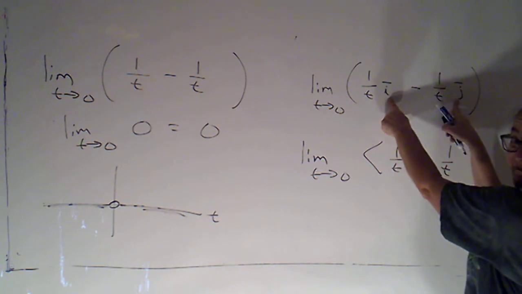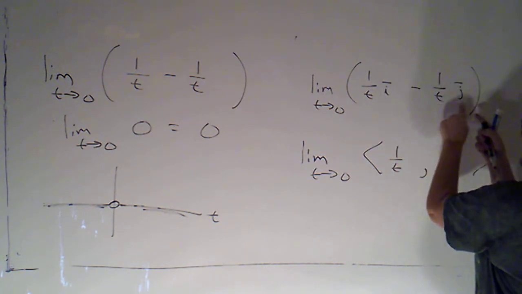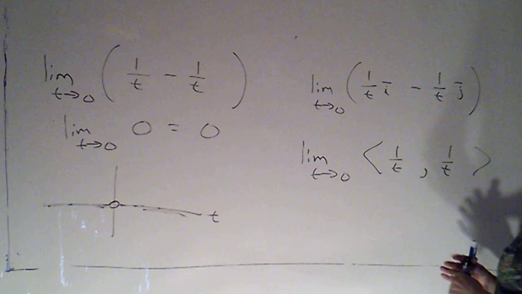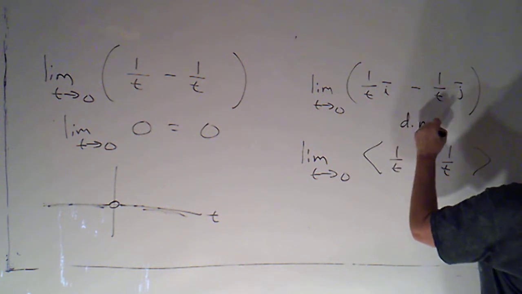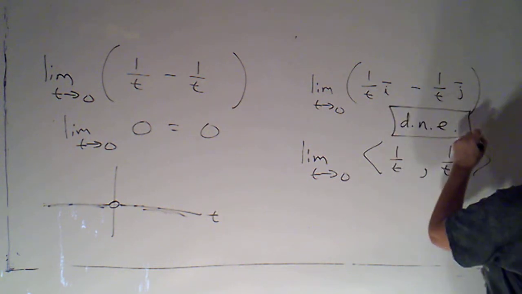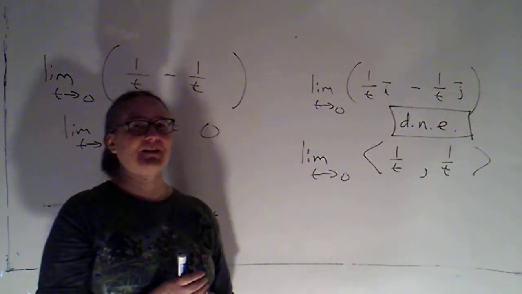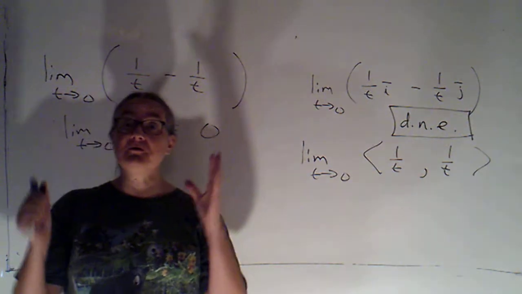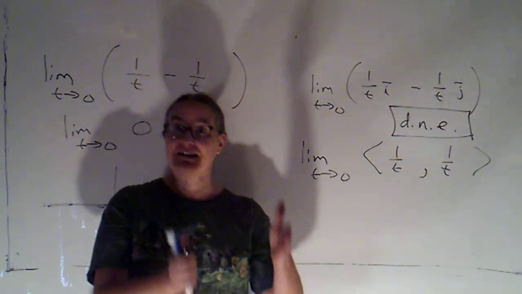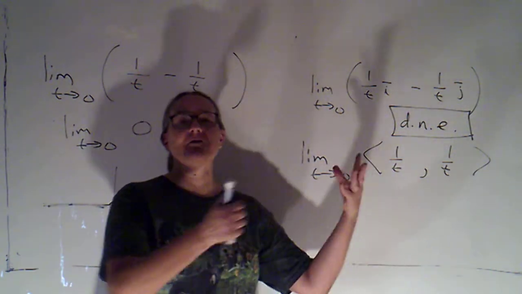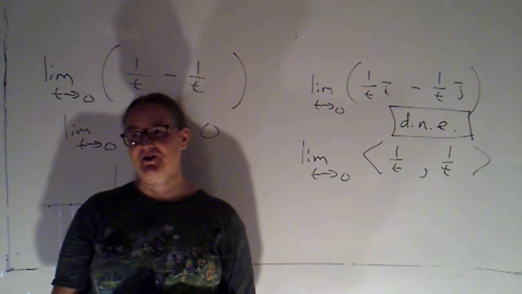These aren't like terms. These are i's, these are j's. Nothing cancels out. This limit does not exist. DNE is my abbreviation for does not exist. Okay, so do be very careful. You do have to be able to take each limit individually in order for the limit of the vector function to exist.